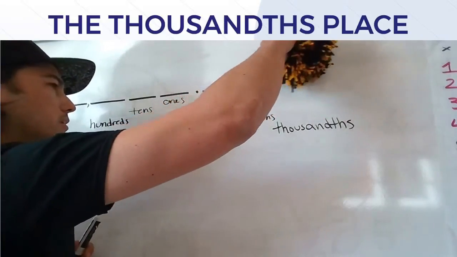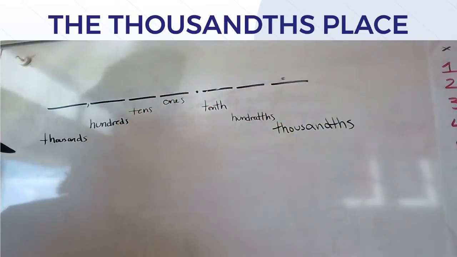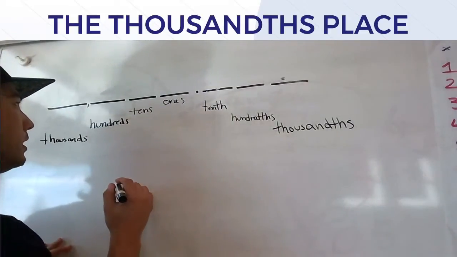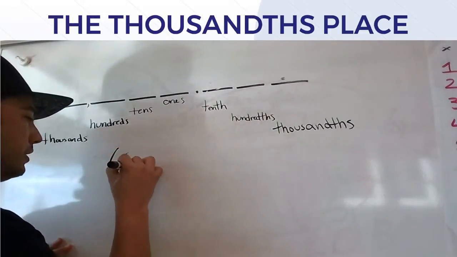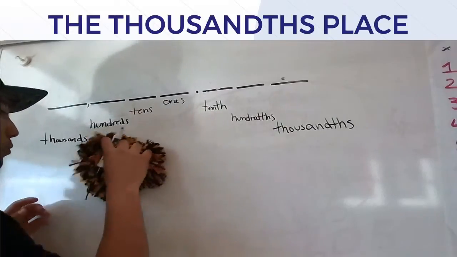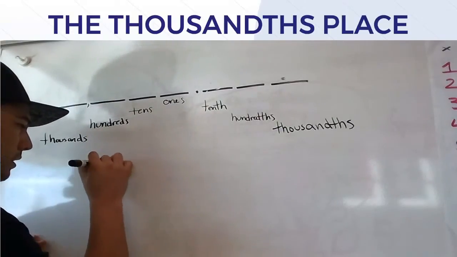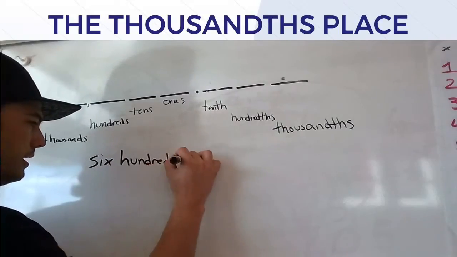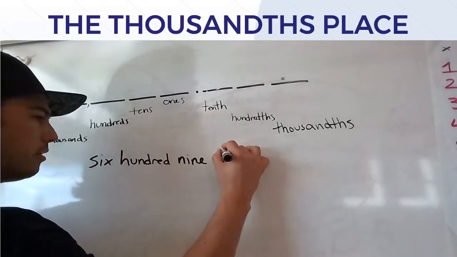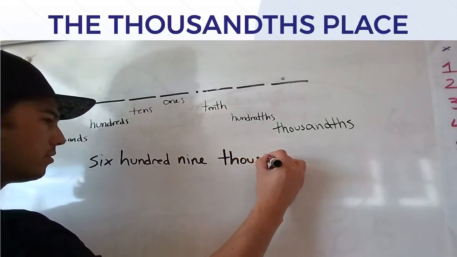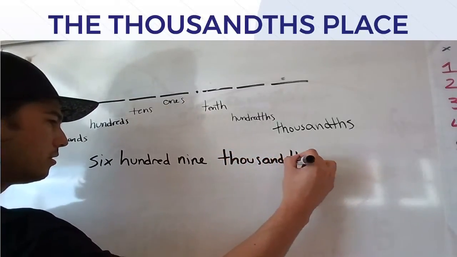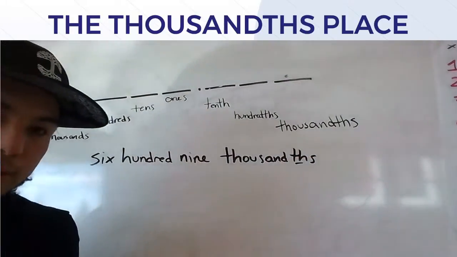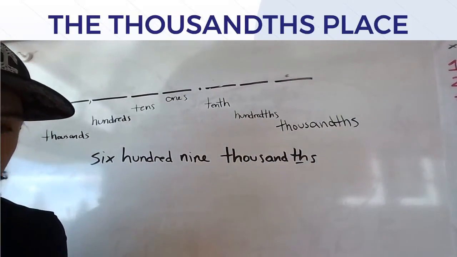Okay, one more that I do want to touch on, because this one, something like this could be tricky. What if you saw something like, I'm going to write it out in word form, 609 thousandths.